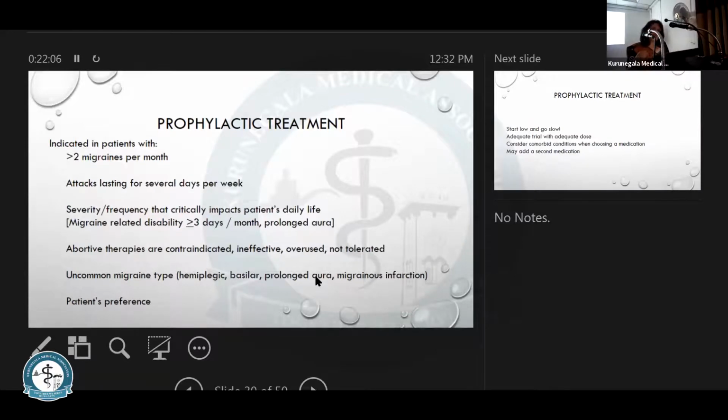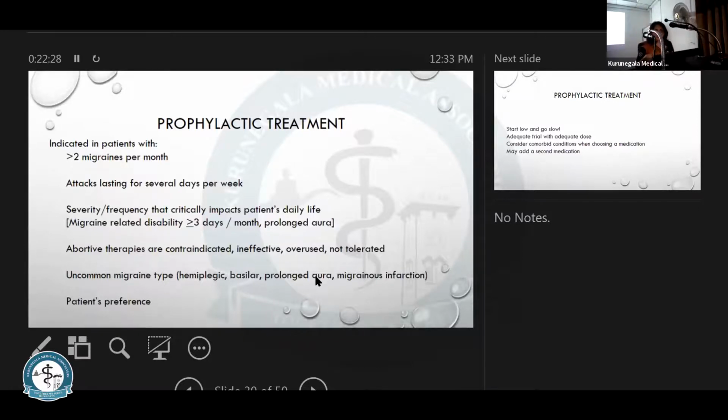And if the attacks are severe, or if they are having any sort of complicated migraines, like hemiplegic migraine, migraine with brainstem aura or retinal migraine, yes, we have to consider giving them a prophylactic therapy.